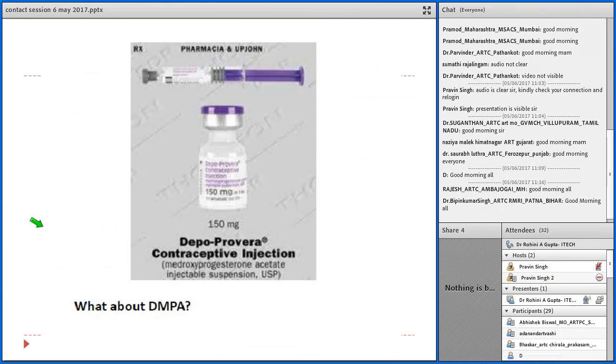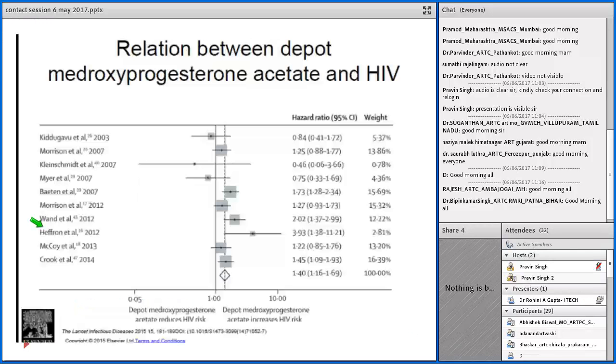What about DMPA? This is an injectable contraceptive whose effect lasts for 3 months, and it is to be given every 3 months intramuscularly, and it's a very effective contraceptive.